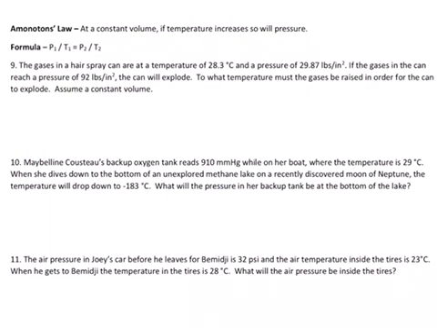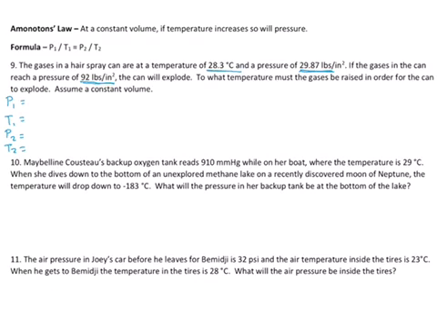The last set of problems would be Amontons' law. Again, start by writing your variables along the left-hand side. This one deals with pressure and temperature. The gases in a hairspray can are at a temperature of 28.3 degrees Celsius and a pressure of 29.87 pounds per inch squared. If the gases in the can reach a pressure of 92 pounds per inch squared, the can will explode.